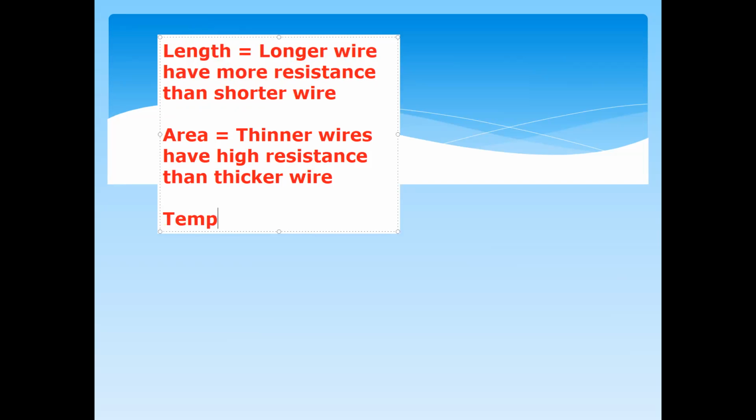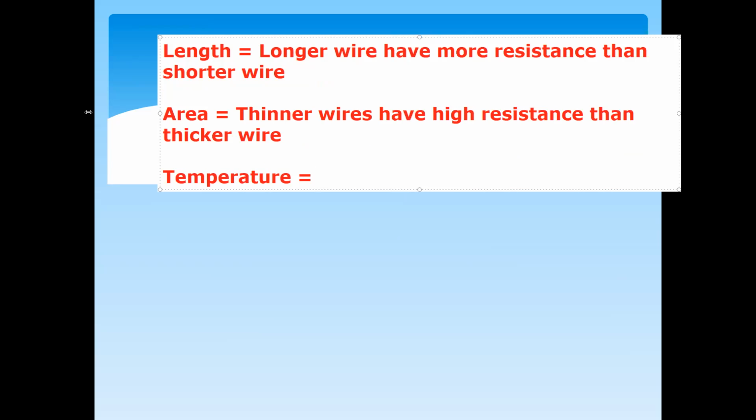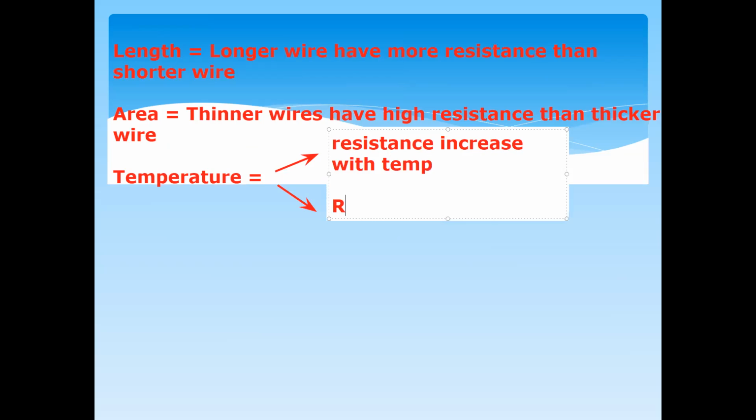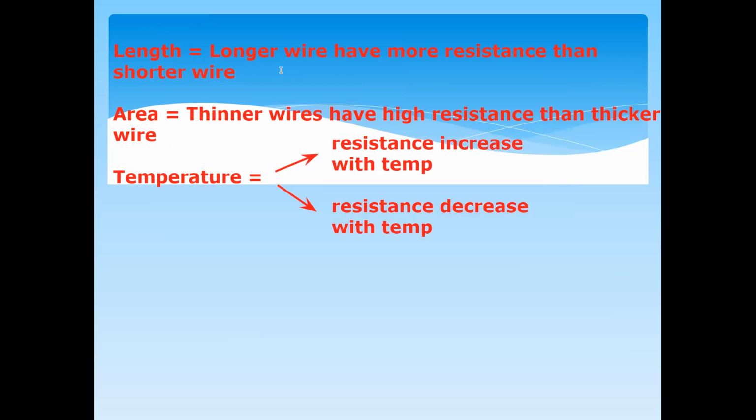And number three, it depends on the temperature. But for temperature, it is not the same effect. It depends on the material, whether the material is a conductor or a semiconductor. If it is a conductor, resistance increases with temperature. If it is a semiconductor, the resistance decreases with temperature. So these are the factors which affect the resistance.